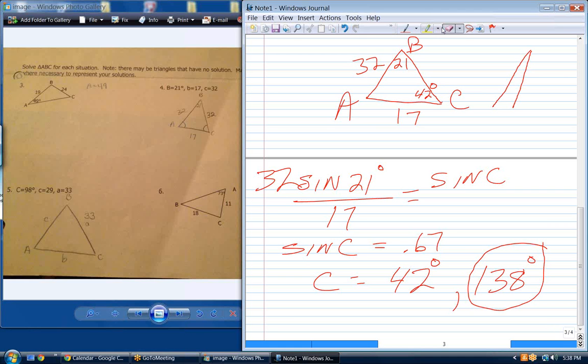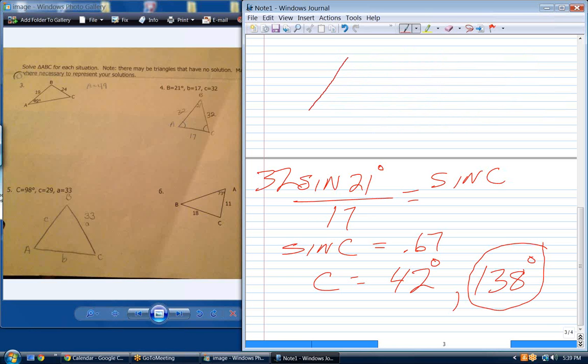I'm confused because I'm used to looking at this in a different orientation. Let's draw it in that orientation. I'm going to redraw this thing because it'll be easier for me to show you the ambiguous case.